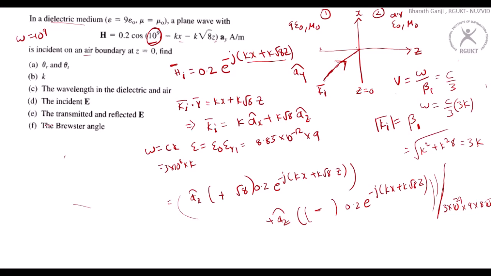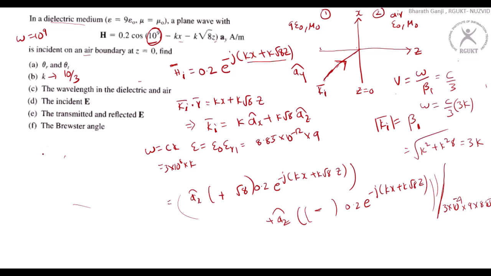From here I can actually calculate the value of k, because omega is nothing but c into k. If I put 10 to the power of 9 here, 3 into 10 to the power of 8 should be equal to k, implying that k is equal to 10 divided by 3. So I got the answer for k. The k value is equal to 10 divided by 3.